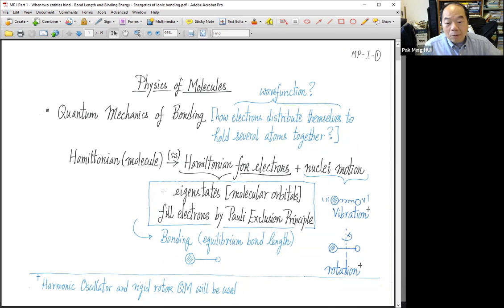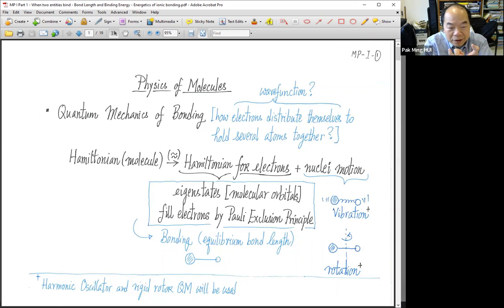So what we are going to do is that we will write down a Hamiltonian of the molecule, and then we will try to approximate it into 2 parts. Basically, the technical word is that we will decouple the electronic problem, that is to say, assuming the nuclei to be fixed, not moving yet, and then solve the Schrödinger equation for the electrons, and how the electrons distribute will form bonds.